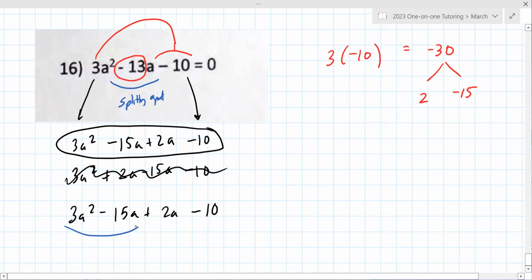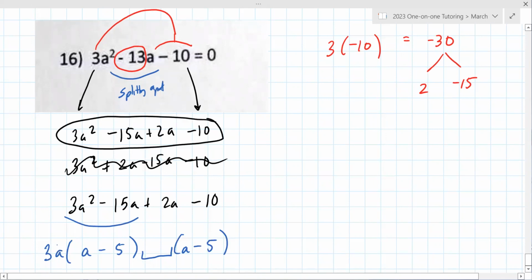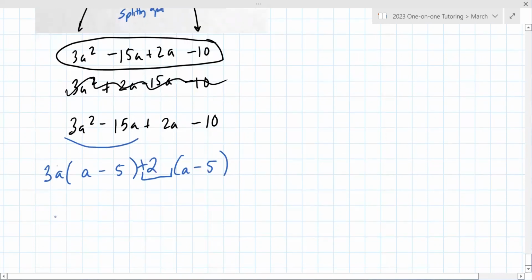What is the GCF between 3a squared and minus 15a? 3a. So there's a 3a there, which becomes a minus 5. A minus 5. What goes in between them? Plus 2. Good. So you end up writing a minus 5, double factoring 3a plus 2.